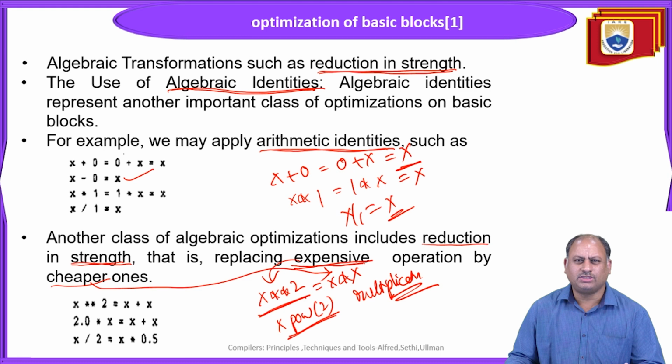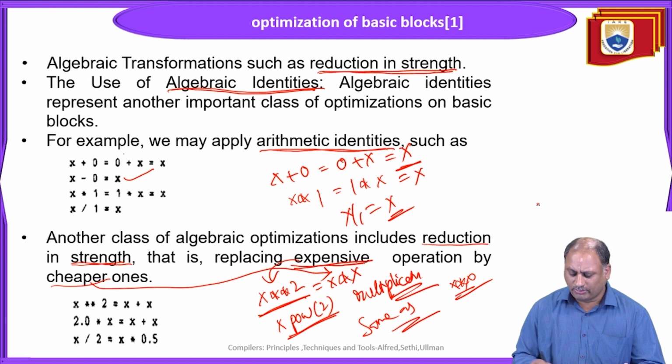Even when applying these replacement techniques, you have to verify whether the replacement leads to the same result or not. Before and after applying, x power 2 and x star x give the same result.